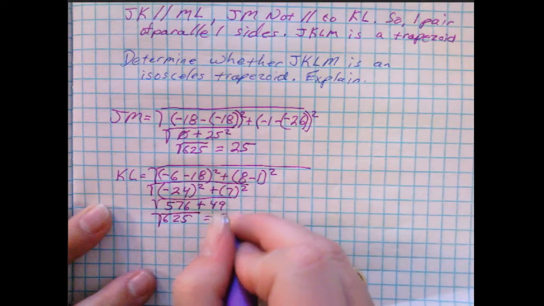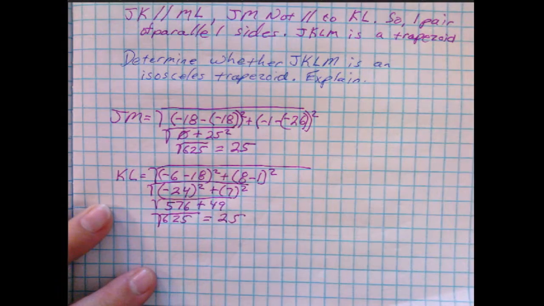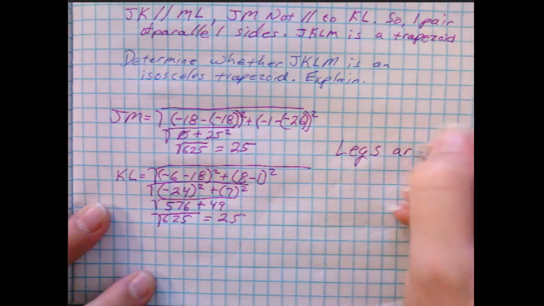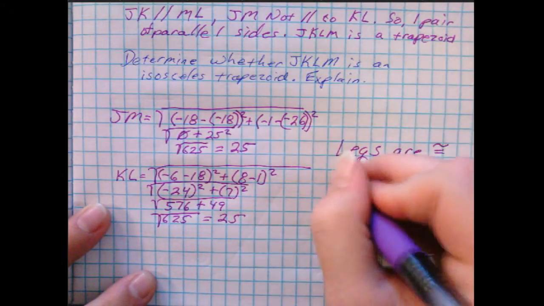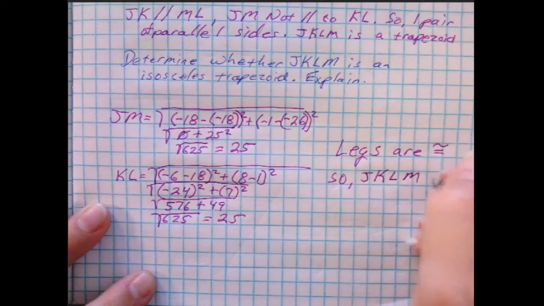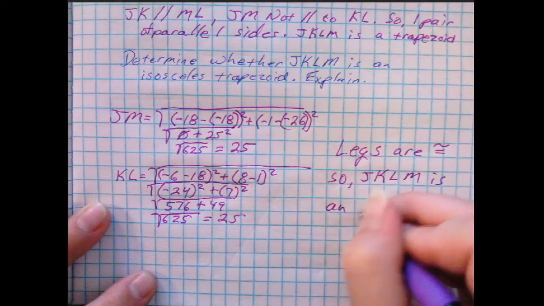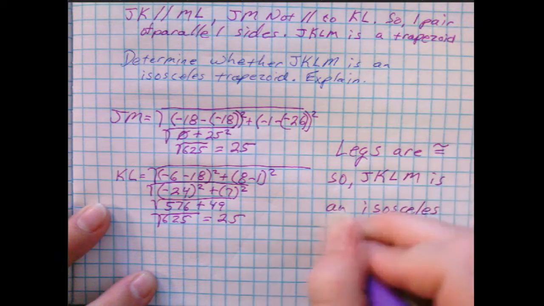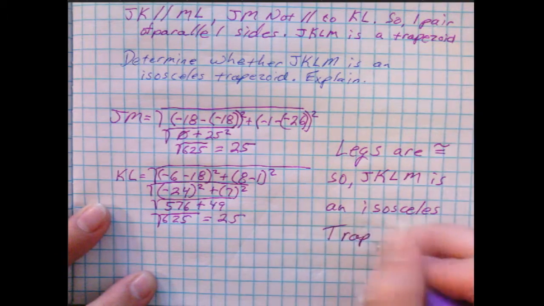The square root of that is 25. So the legs are congruent. So JKLM is an isosceles trapezoid.